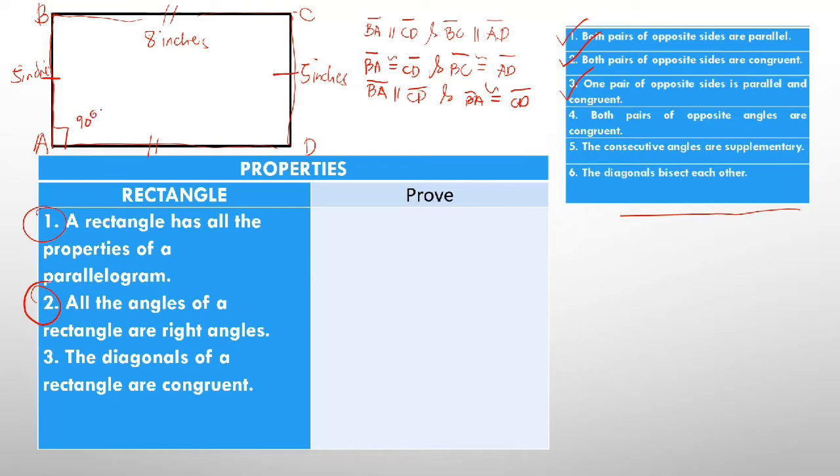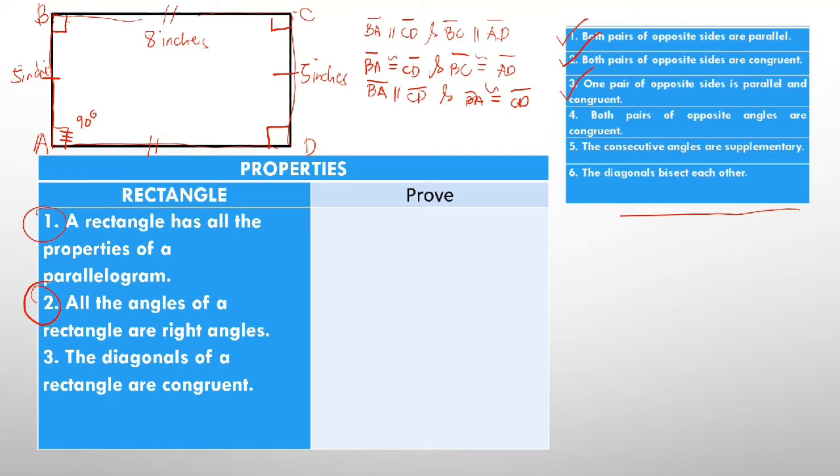And we can have this symbol so that we can identify that they have the same angle. Okay. So automatically, when we have this symbol, it is 90 degrees.